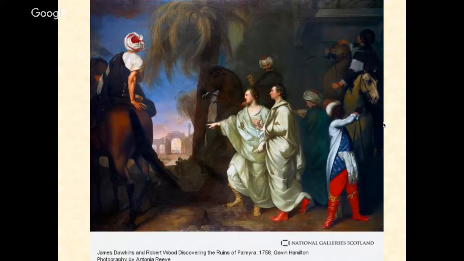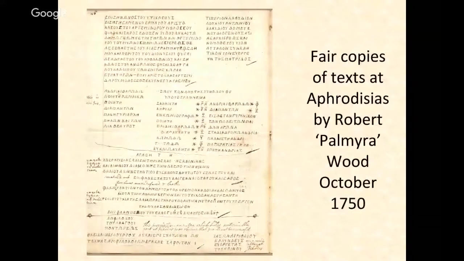On their way to Palmyra, they traveled through Turkey and they stopped at Aphrodisias, which is why it interests me because that's the site where I've worked. And Robert Wood, the man who did those drawings of Palmyra, recorded inscriptions there that he saw lying about.